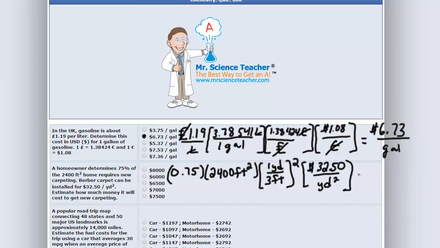So 0.75 times 2,400 divided by 3, and then divided by 3 again, and multiplied by $32.50. And you get $6,500. So $6,500 is the total cost. Again, the feet drop out, the square yards drop out, and we're left with dollars.